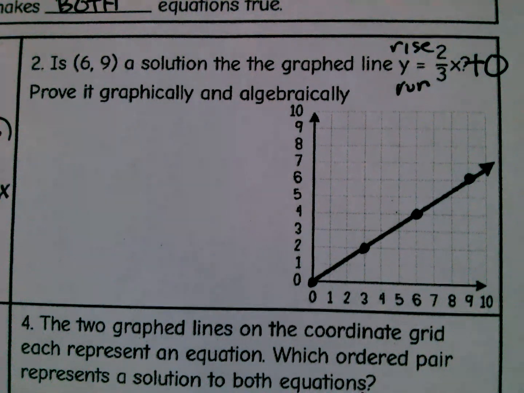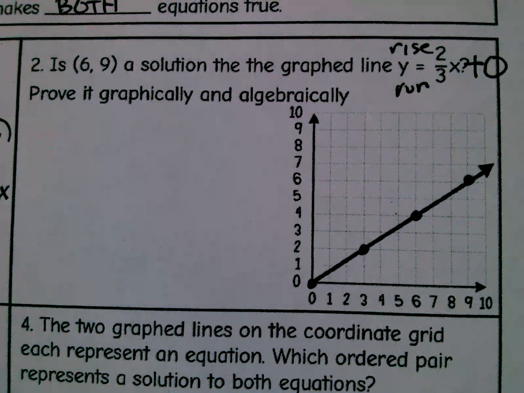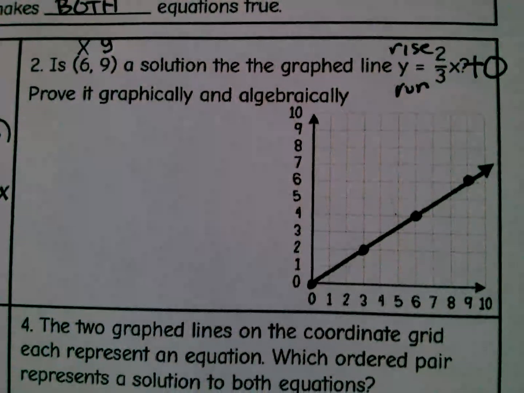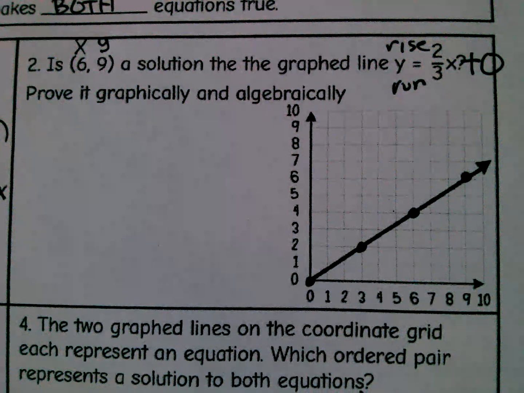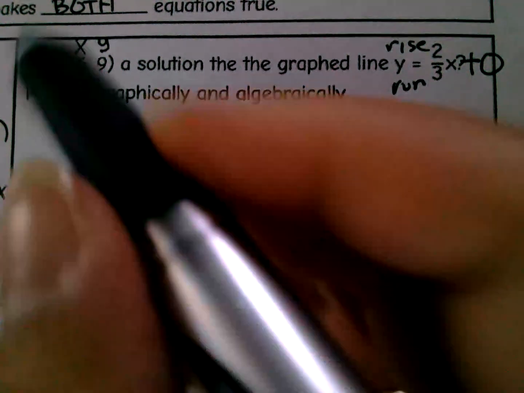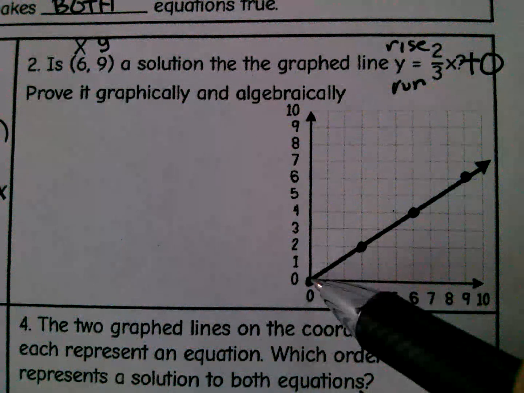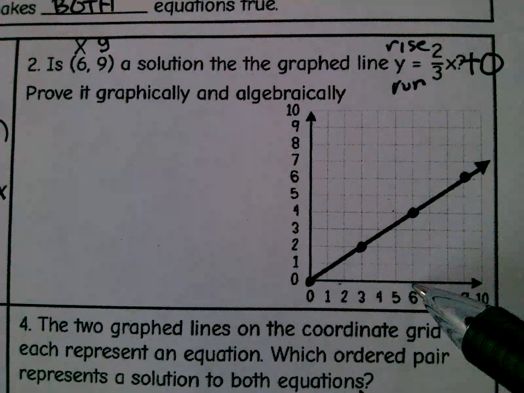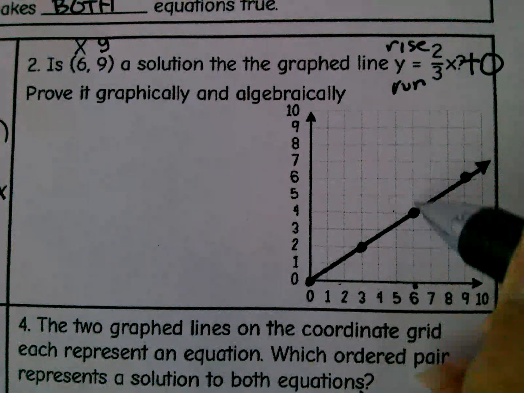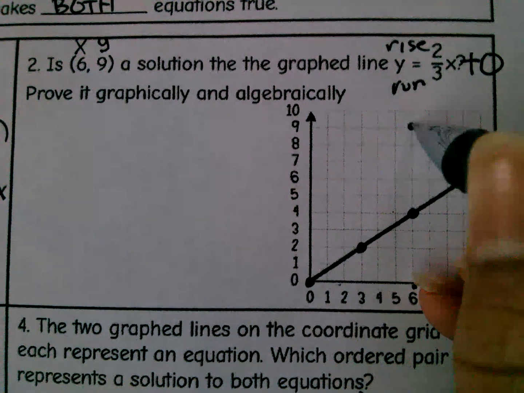Okay, now I need to check, is 6, 9 a solution? Well, how do we know? What do we have to do to prove it? Yeah, make sure it's on the line, right? So remember, 6 is your x, so I'm going to go 6 right here on the x, and then I'm going to go up to the 9. 9 is over here.